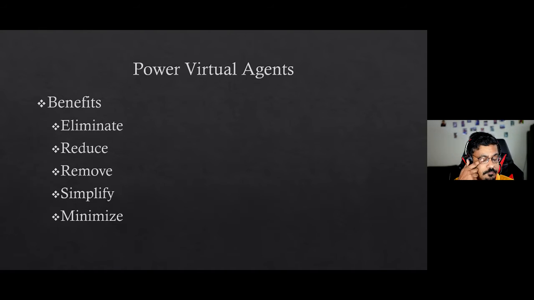So what Microsoft does is it clubs four applications, which are Power Apps, Power Automate, Power BI, and Power Virtual Agents, and named it the Power Platform. All these four applications come under the Power Platform banner, and all these applications are basically no code or low code solutions. And what does that mean?